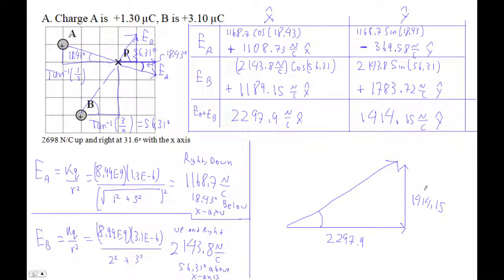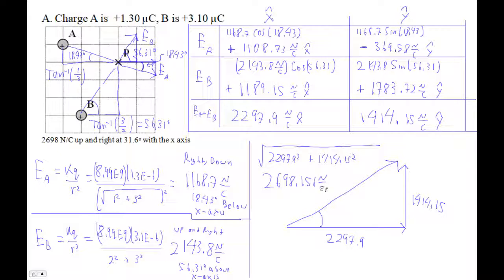This is so abstract. All right, so the magnitude of this thing is going to be the square root of 2297.9 squared plus, all right, so I'm going to do that, square root of that guy squared plus this guy squared. 2698.156.